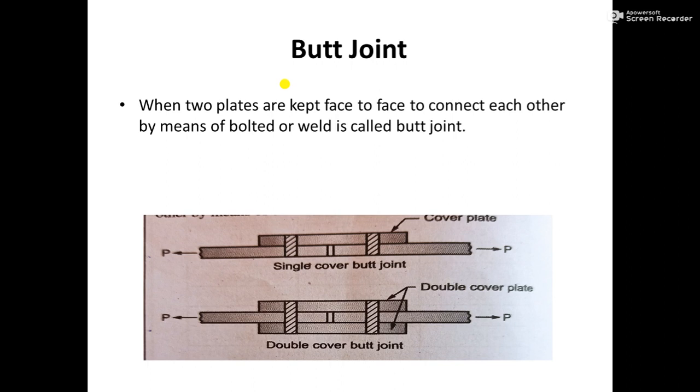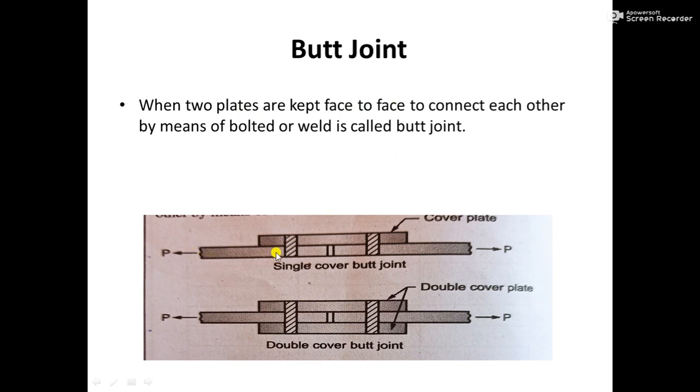If a single plate is used, it is known as a single butt joint, and if two plates, one at the top and another at the bottom, are provided, such a connection is known as a double butt connection.